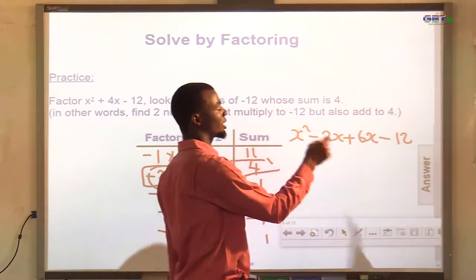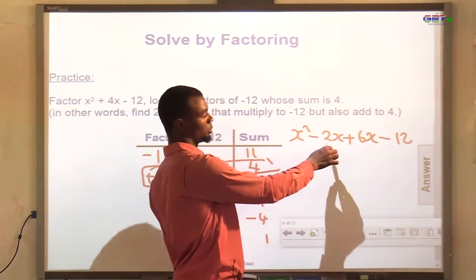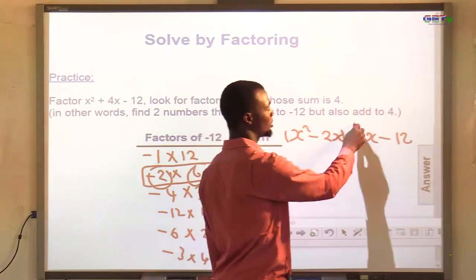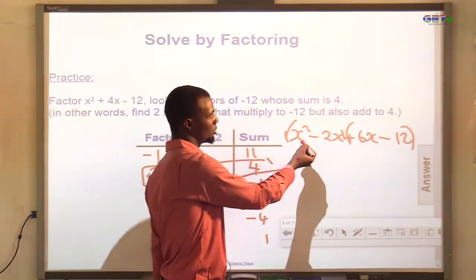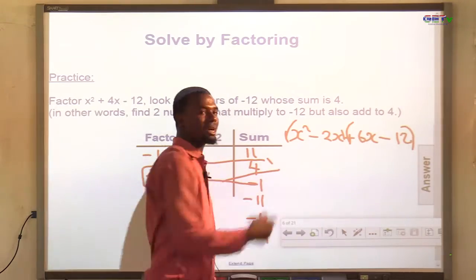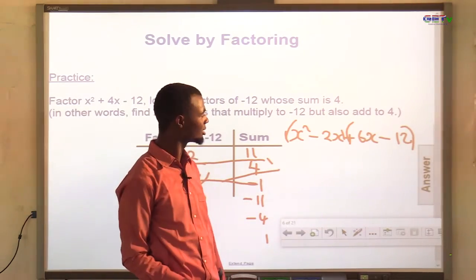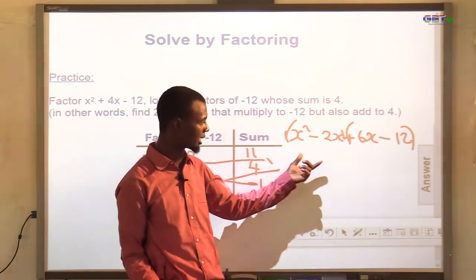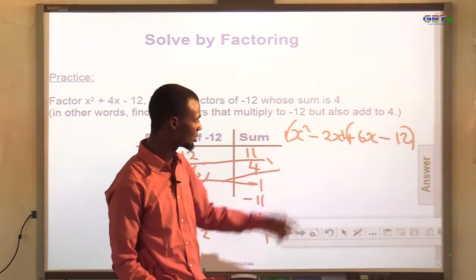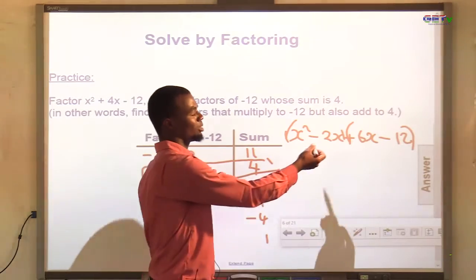Now we factorize it by grouping. The first two terms, we group, and we group this other pair here. What is common to x squared and minus 2x?